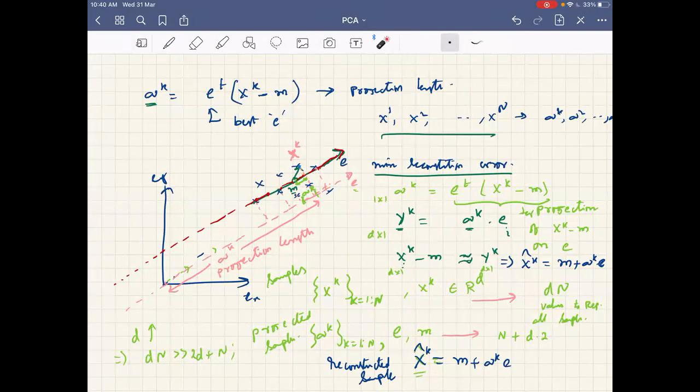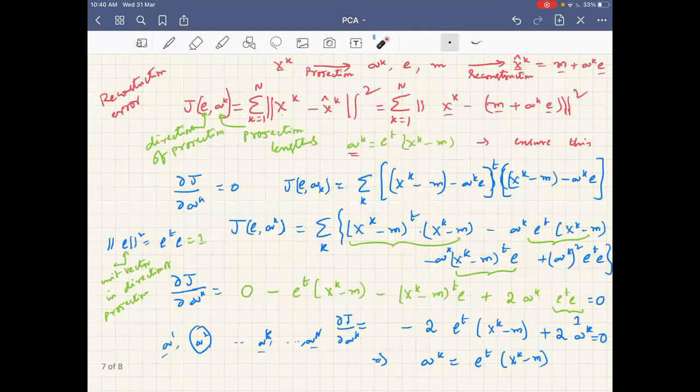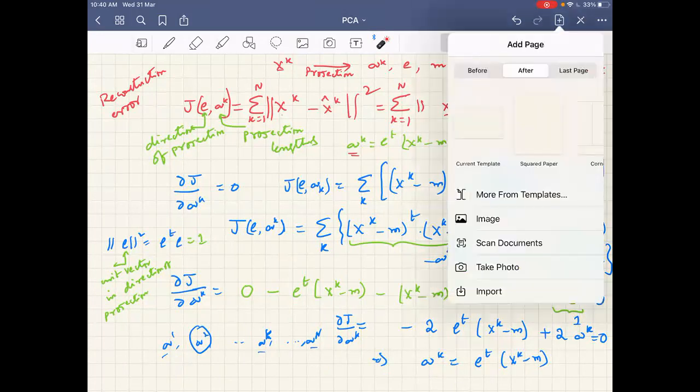That's what it is conveying. Is this clear or not? You project the sample perpendicularly onto the direction of projection, and that is the optimal projection length you should consider for representing the sample xk in direction E. Is this clear or not? Any questions here? Okay, so now let's move on. If no questions, let's move on.